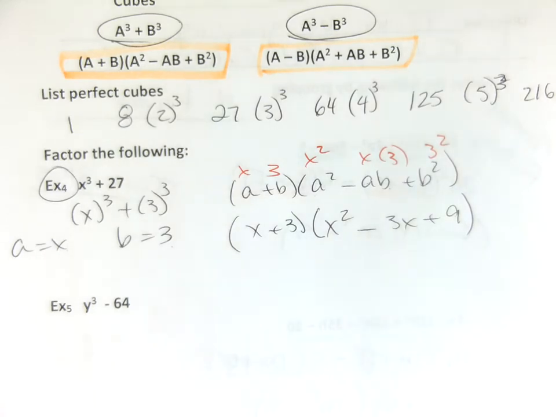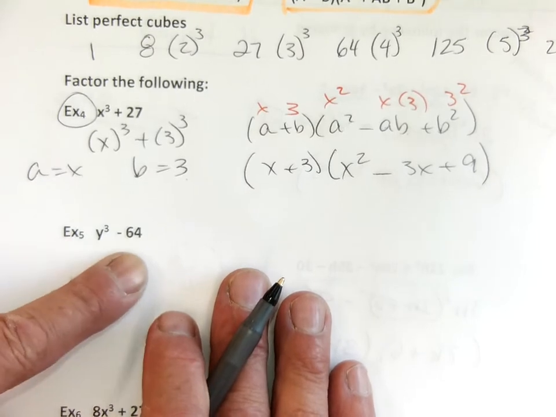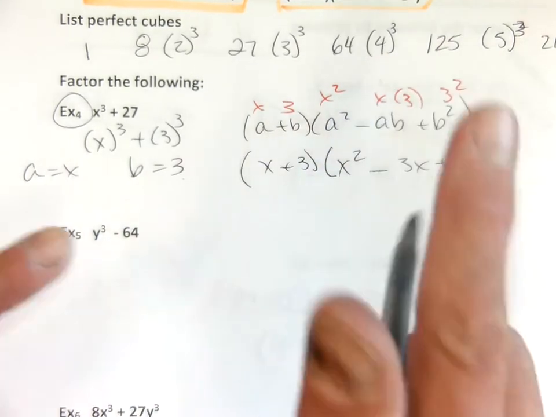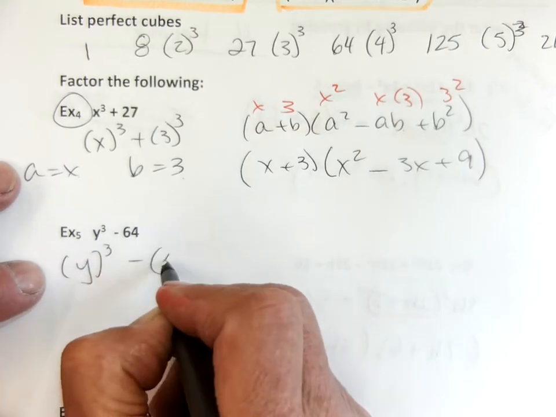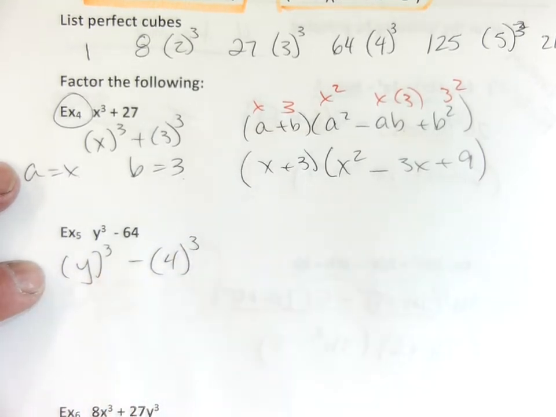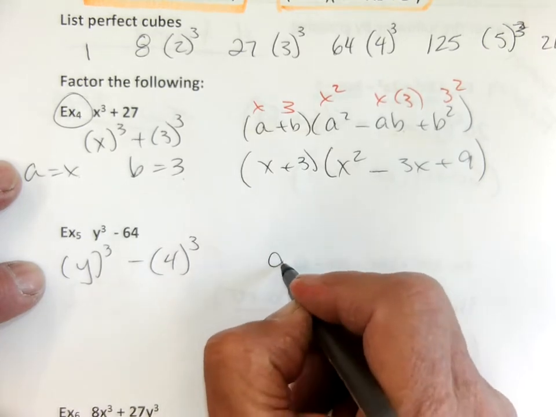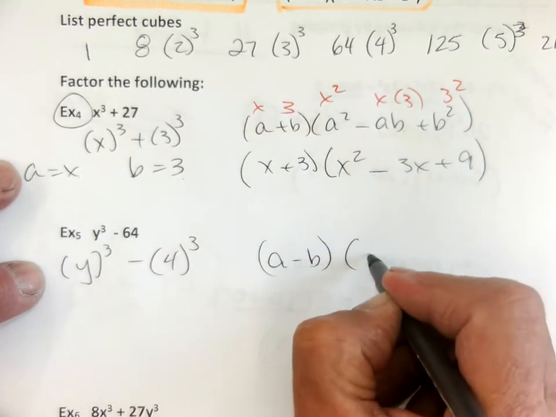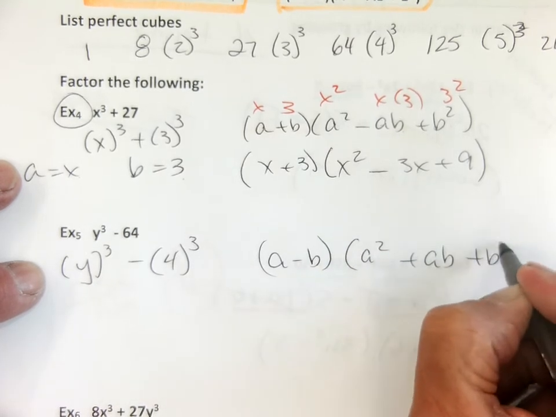Let's do example 5 so you guys really get the hang of this, okay? So 64, that's a perfect cube, isn't it? Do you guys see which one it is? 4 cubed. Let's rewrite this as y cubed minus 4 cubed, right? I'm going to use the other formula, the a minus b times a squared plus ab plus b squared, right?